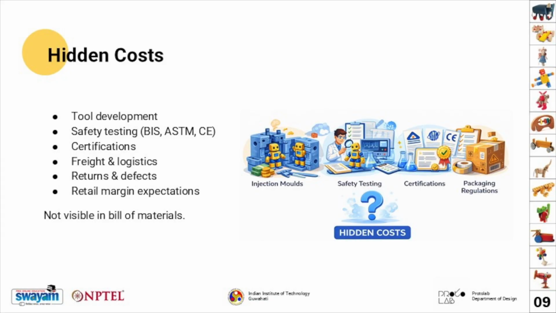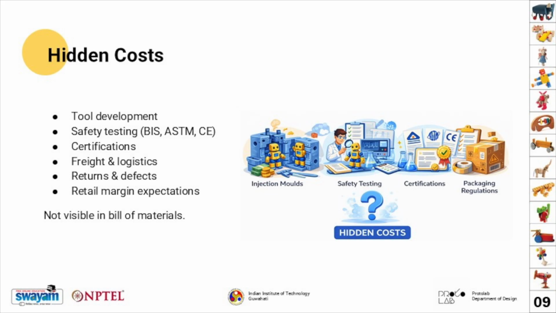Now we move to hidden costs, the ones people rarely think about. Before a toy even enters production, tooling must be developed. Injection molds can cost lakhs or even crores, depending on complexity. Then comes safety testing.